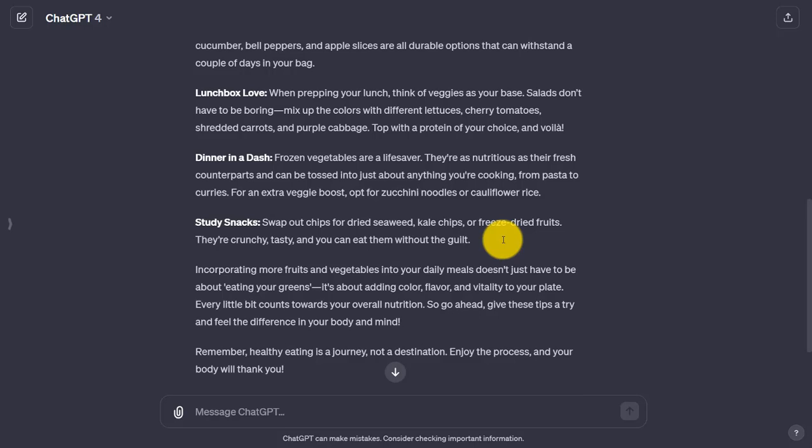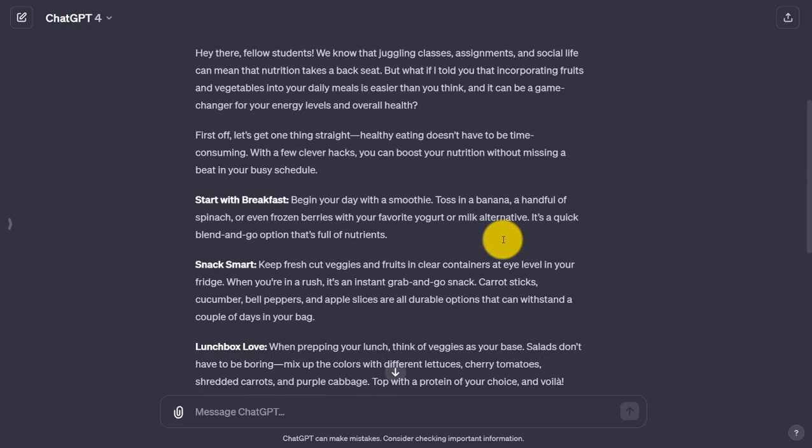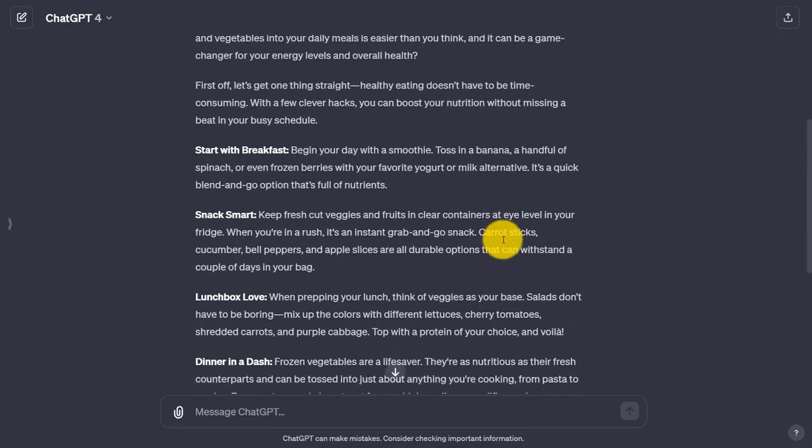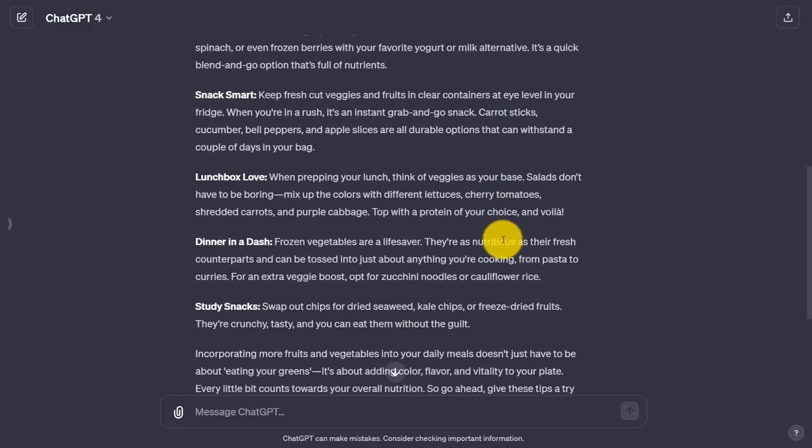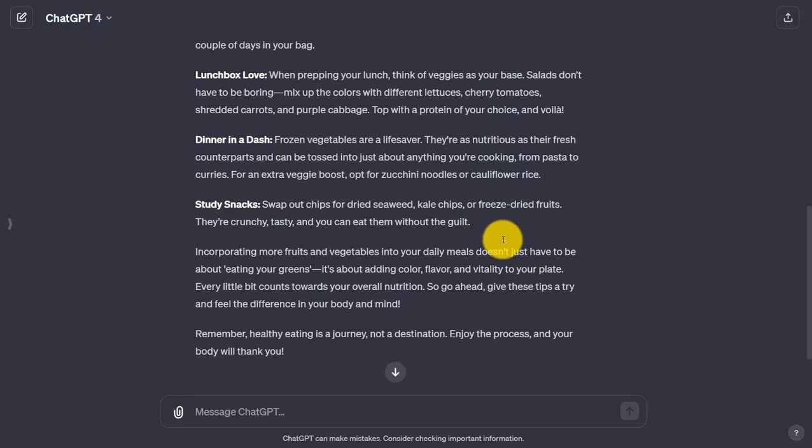Next up was a friendly and informative tone and style. And I think we saw friendly right off the bat with the hey there, fellow students. And then throughout this, it comes across to me as friendly. And then right here at the bottom, remember, healthy eating is a journey, not a destination. Enjoy the process and your body will thank you. That sounds friendly to me.